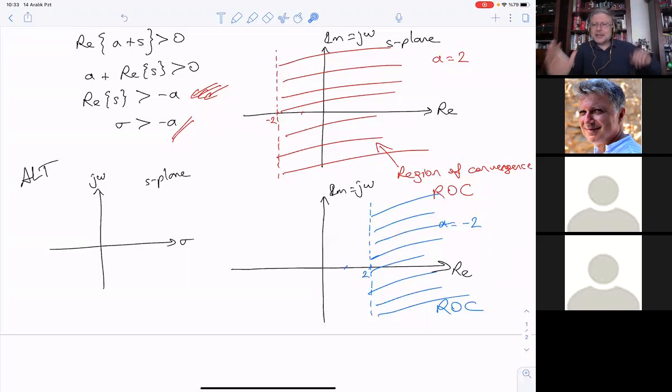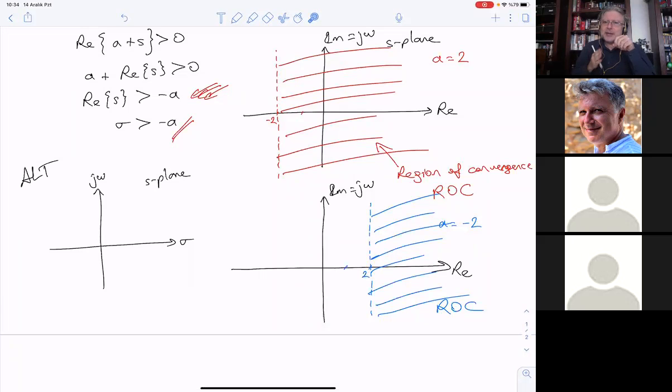So it also gives us another deduction: the Laplace transform is a superset of the Fourier transform, and the Fourier transform is a subset of the Laplace transform, only evaluated at j omega.